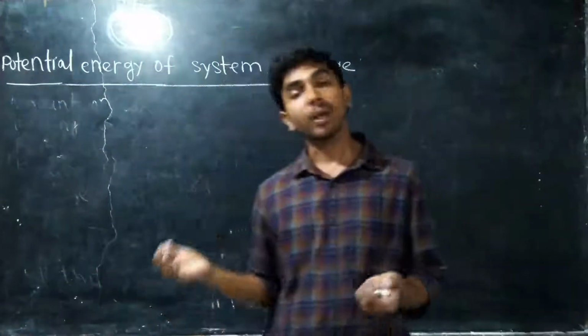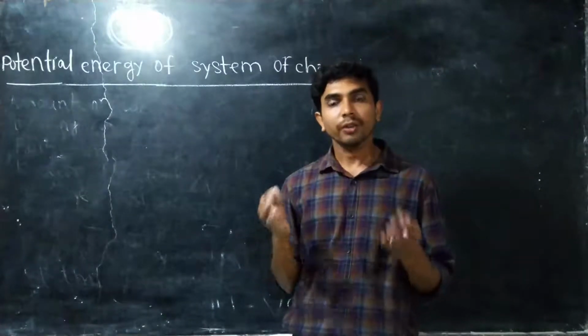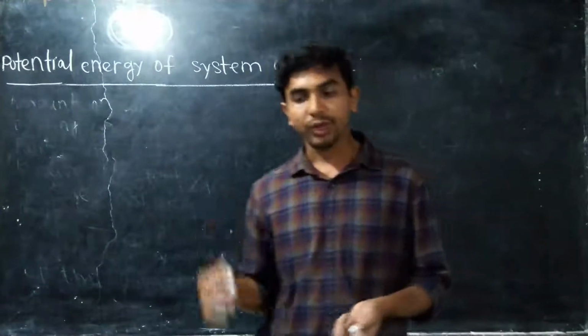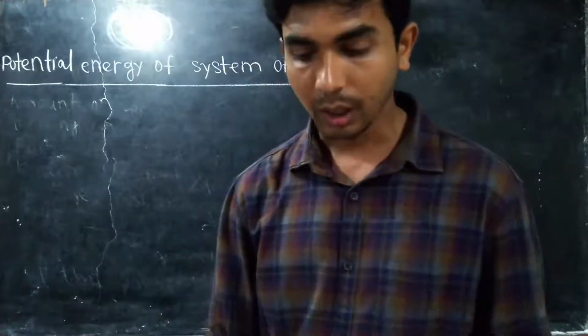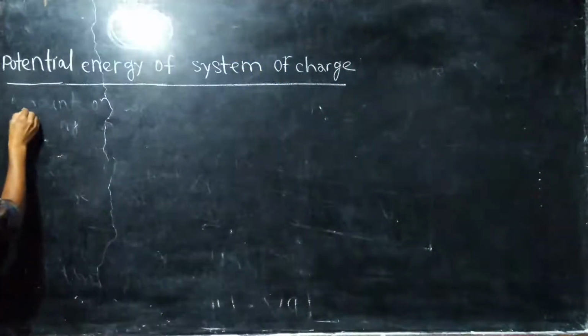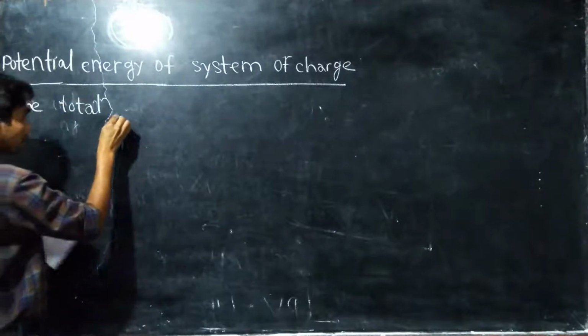So same definition: the amount of work needed to assemble the system of charges is known as the potential energy of the system of charges, okay. So first I have to write the definition and then I will try to explain it.